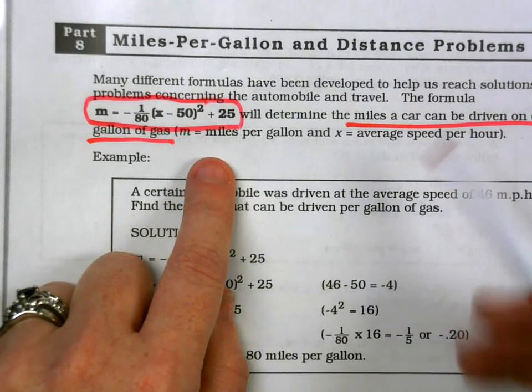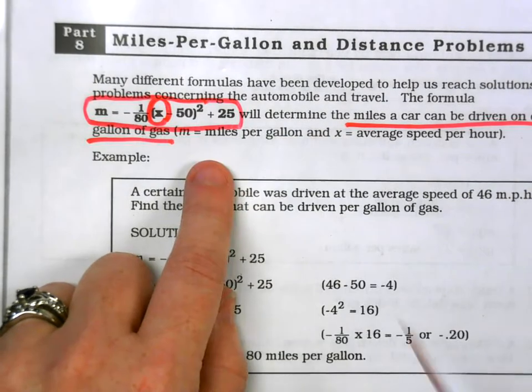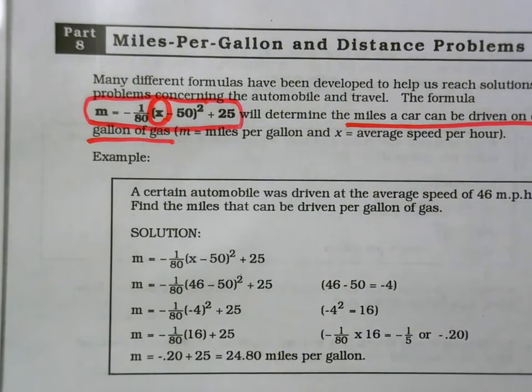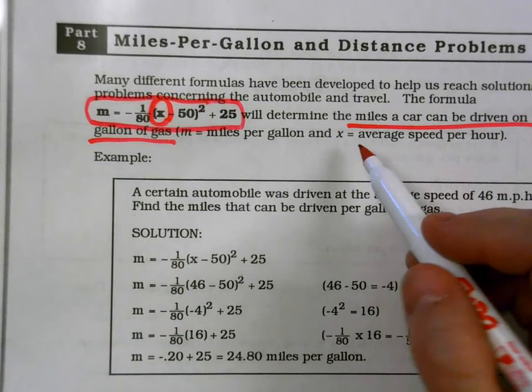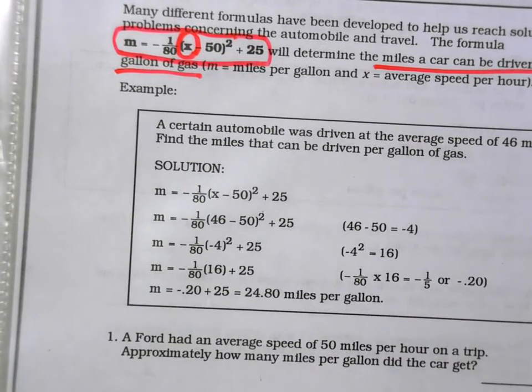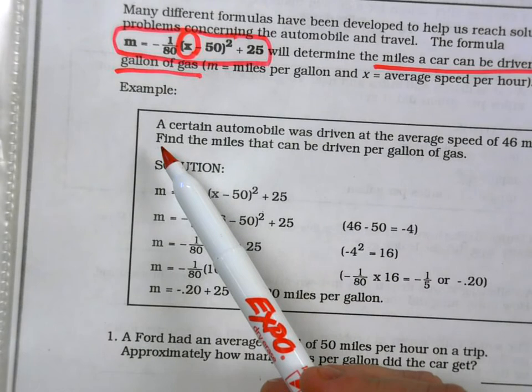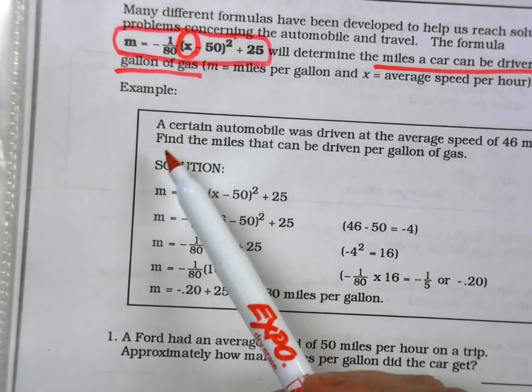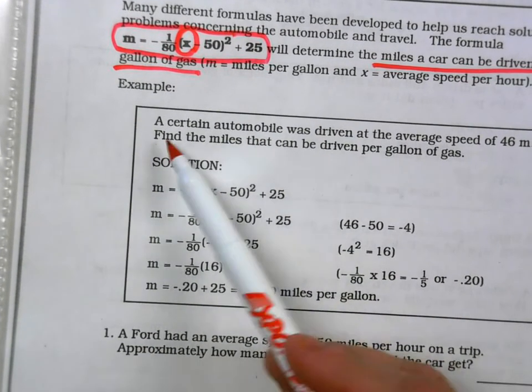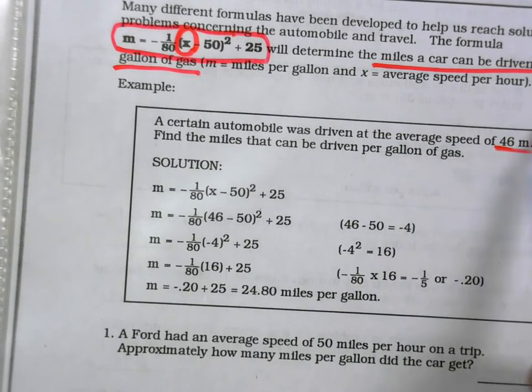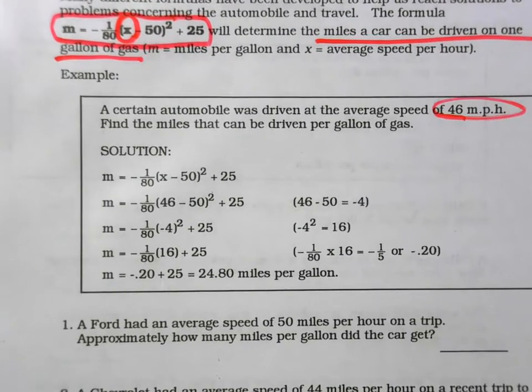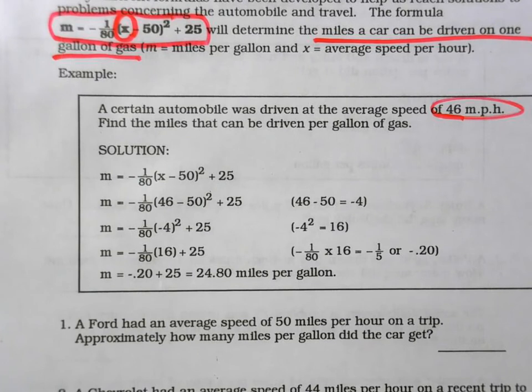So this is miles per gallon if you know how fast a car is going to be going. In the example they give us here, this car's average speed was 46 miles per hour.